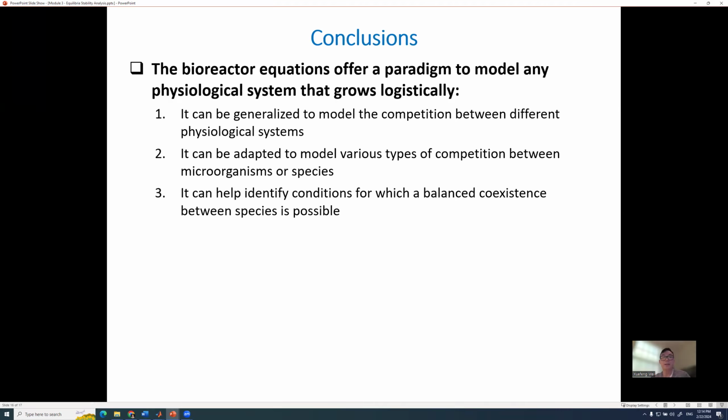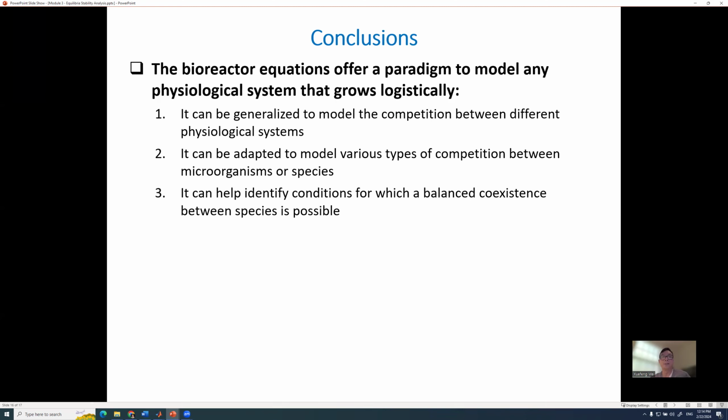This class of models adapts to different problems and can be conveniently modified to account for the competition between two or more populations, as well as to determine whether there may be an equilibrium at which all populations coexist, either in a stable or unstable way.